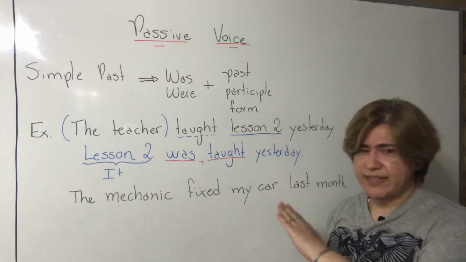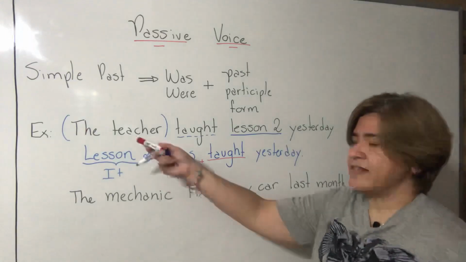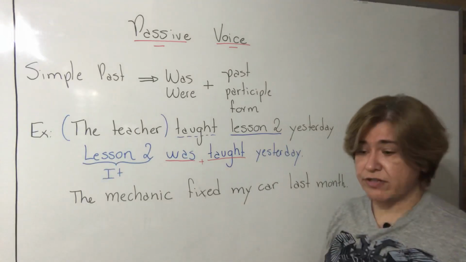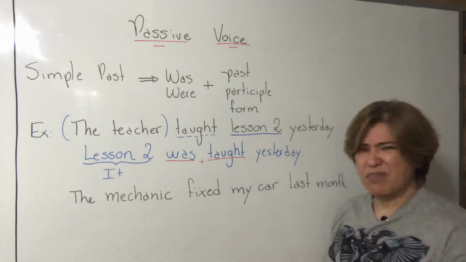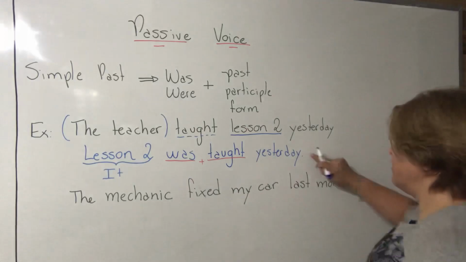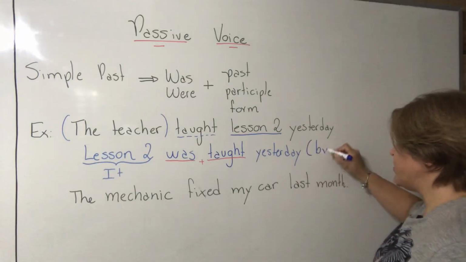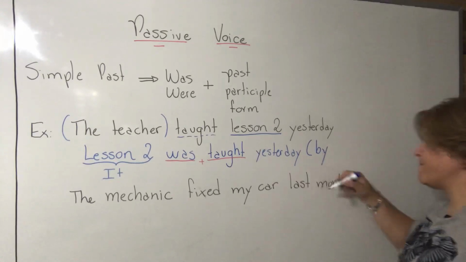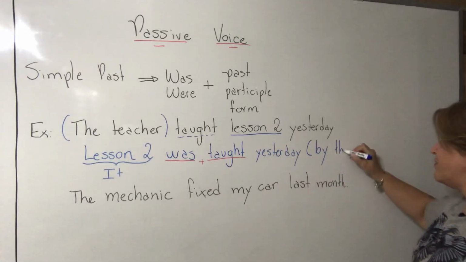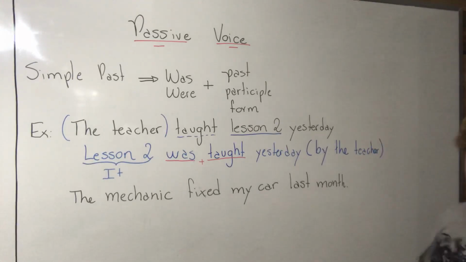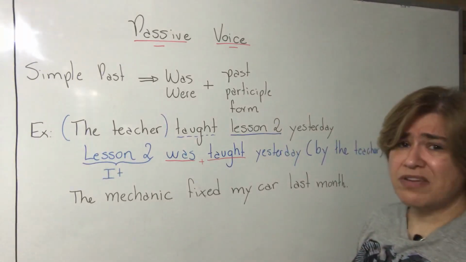Better level, intermediate level, without this silly repetition here. Oh, but I want to say the teacher. Okay, if you insist, but I prefer you wouldn't use it. But the preposition of passive voice is always by, and then you would have to say the teacher. But not in this sentence, okay?